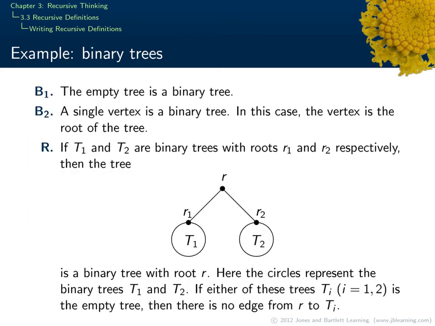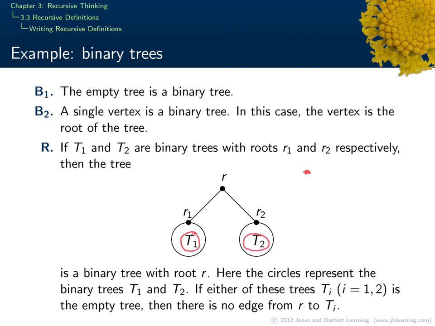Now, another set of objects that can be defined recursively is the set of binary trees. So in this instance, we're going to have 2 base cases. First, we're going to let the empty tree be a binary tree. And then we will also let a single vertex, just a single node, be a binary tree. Now, how do we form new binary trees from existing binary trees? Let's suppose we have 2 existing binary trees, T1 and T2.